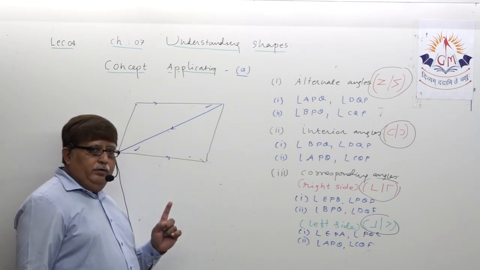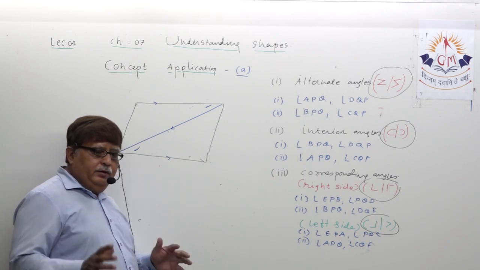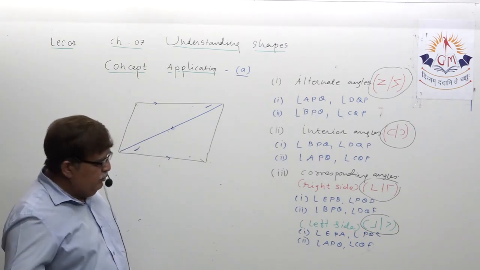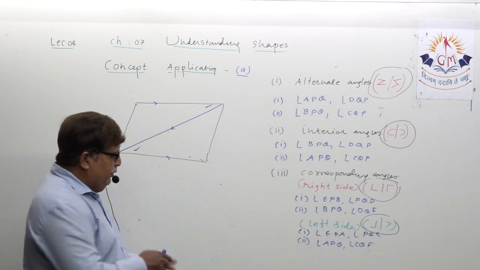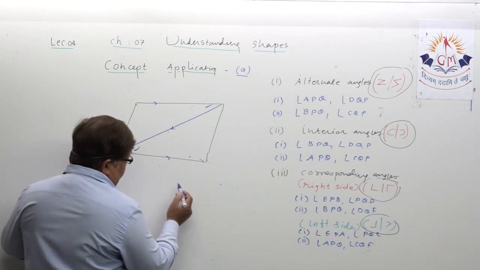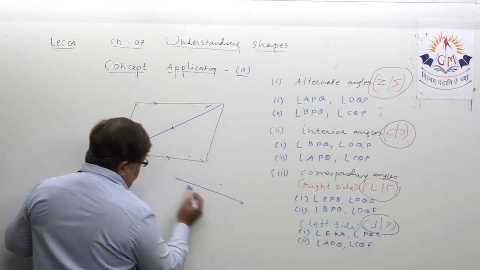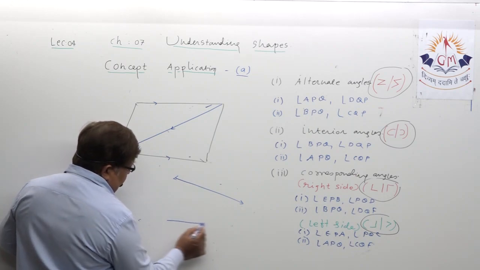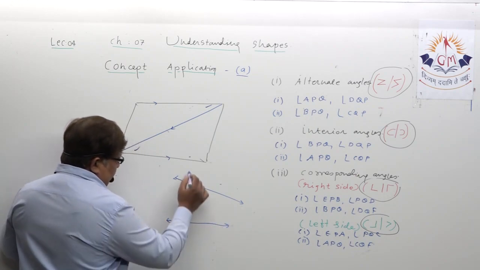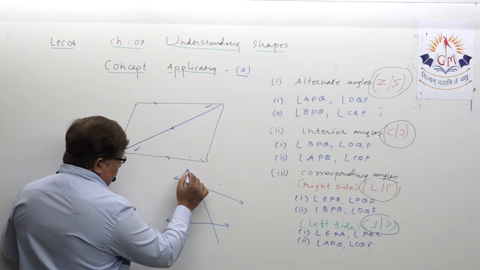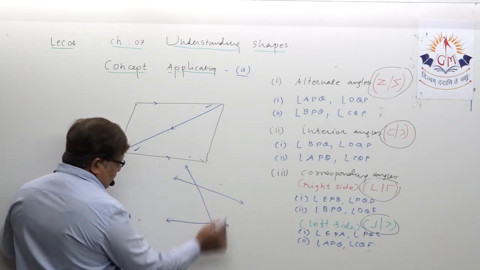Suppose you come across any complicated diagram, with one line, another line, and a transversal.